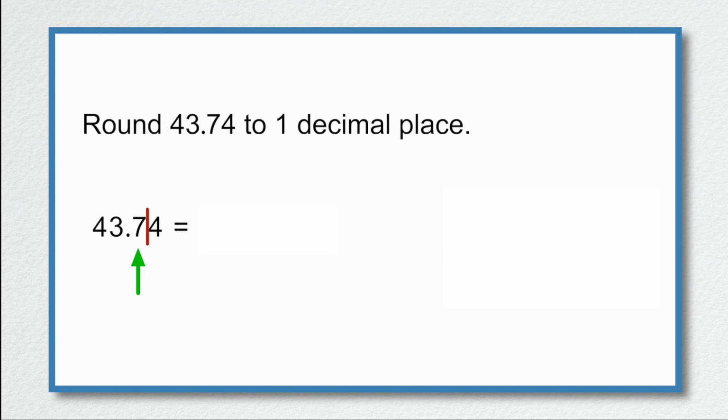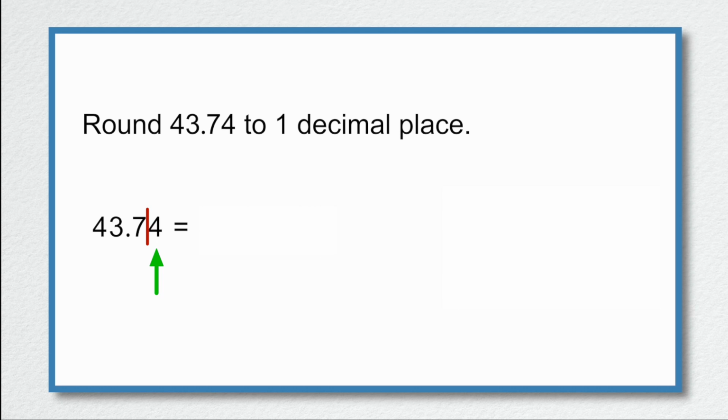So we have 43.7, and we have to determine whether we keep the 7/10 the same or whether we round this up to 8/10. And we do this by looking at the first digit after the cutoff point. And we can see that this digit is 4. And because this number is 4, we're going to keep the 7 the same.